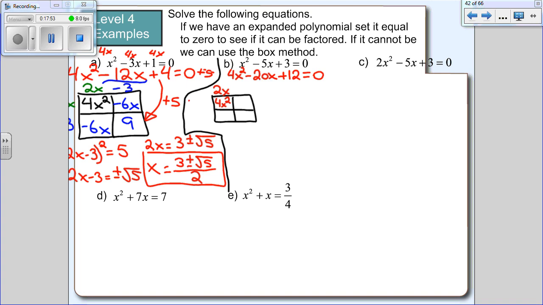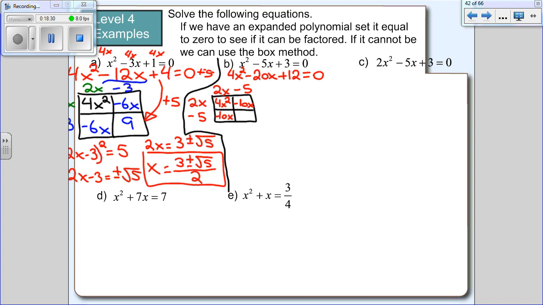I then know that my b value comes from my diagonals. So if I want negative 20x, that means I'm going to have negative 10x and negative 10x. That means the outsides had to be negative 5 and negative 5. Once you've solved the outsides, you can figure out what your last term should have been.